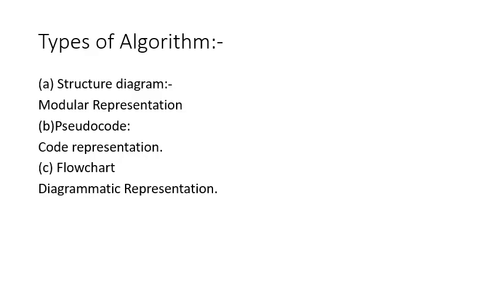Types of algorithms. There are three types of algorithms. Structure diagram. Structure diagram means modular representation, like a tree structure.